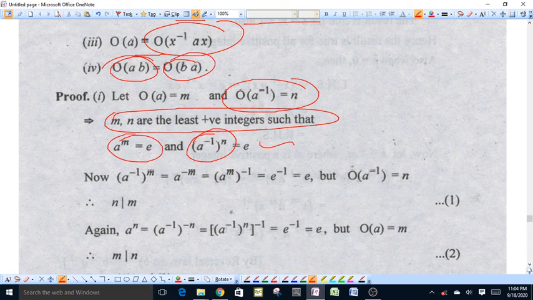Now, a inverse raised to power m will be equal to a raised to power minus m, which is a raised to power m inverse, but a raised to power m is equal to e. This means a raised to power m inverse will be equal to e inverse, but inverse of identity element is always equal to identity element.